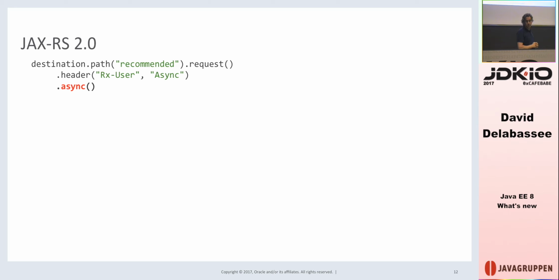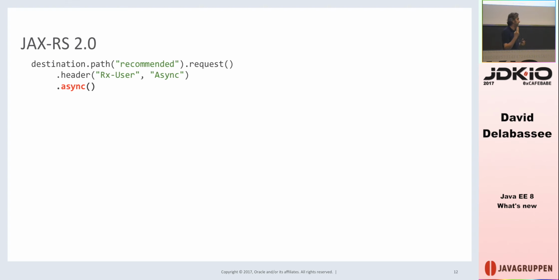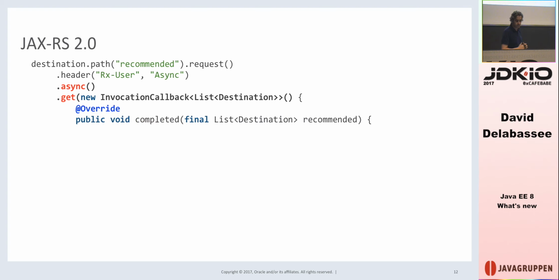So if we want to scale, we have to do that in an asynchronous fashion. So how would it work? Well, first, I have 4 backend services. Let's just simplify that and pretend that I just have 2 backend services. I have to do that in an asynchronous fashion, so I have to use the async invoker to do my first request. The first request is basically to get a list of potential destinations, some recommended destinations. So I have to specify an invocation callback for that specific async request. That invocation callback needs to have 2 callbacks.